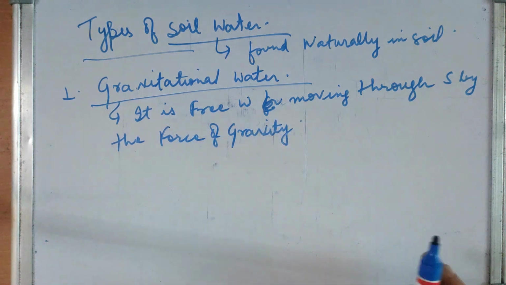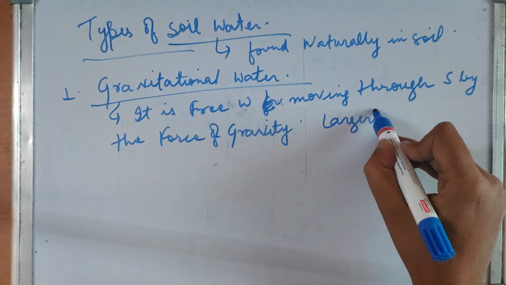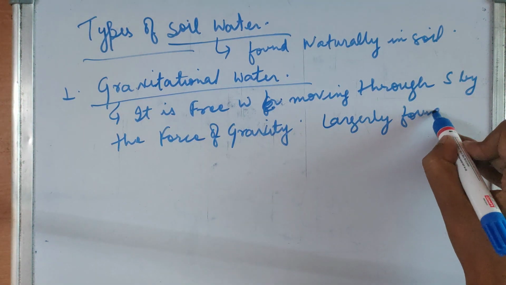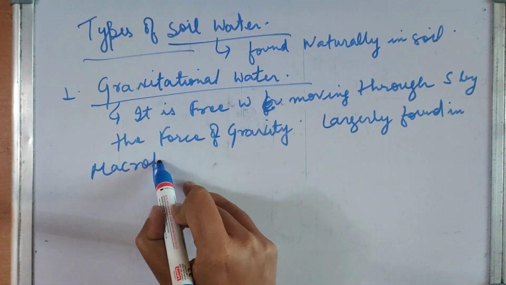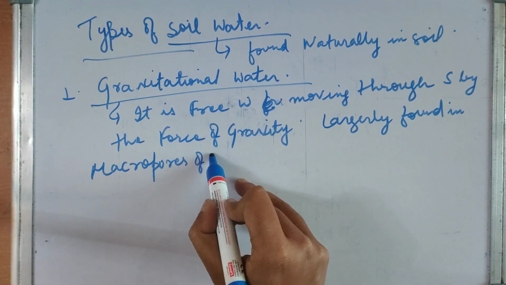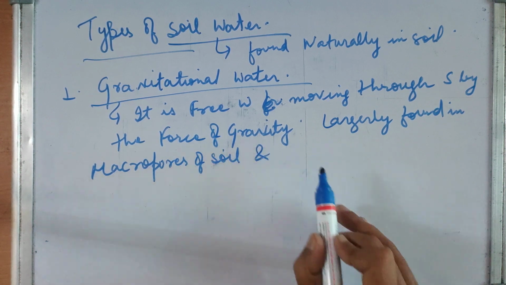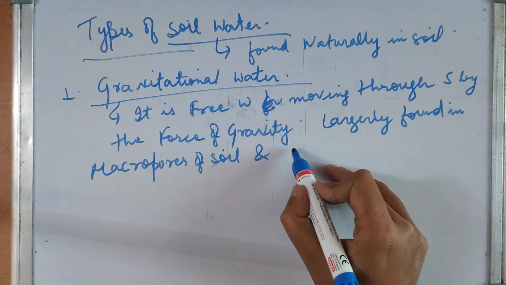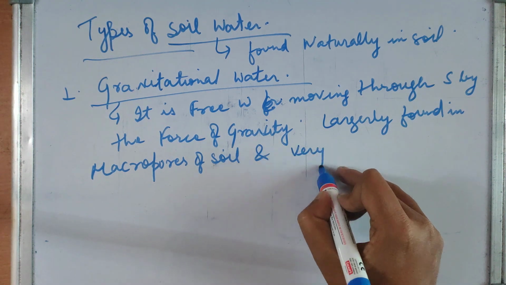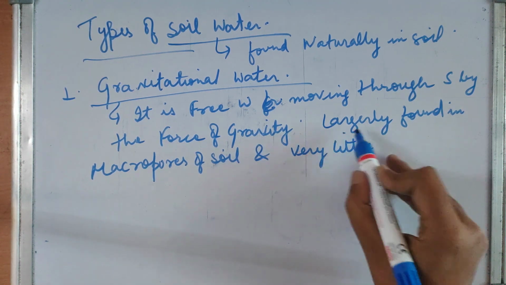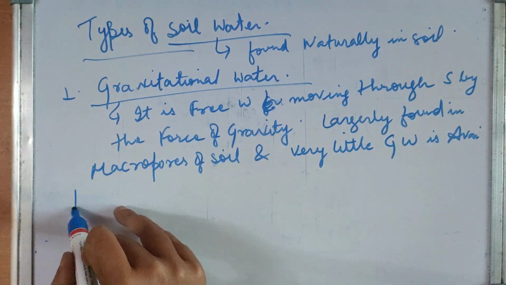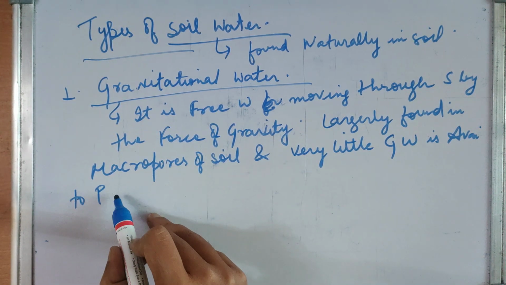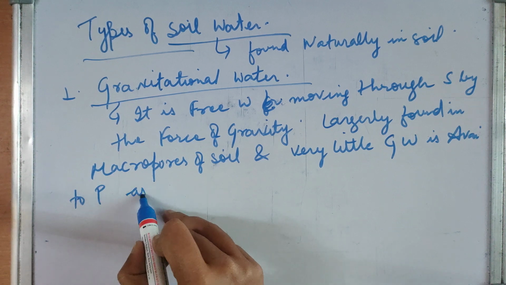It is largely found in macropores of soil, and very little gravitational water is available to plants, as it drains rapidly down.